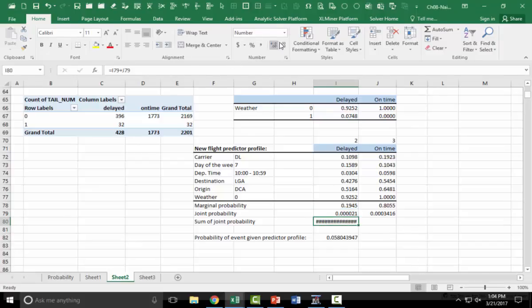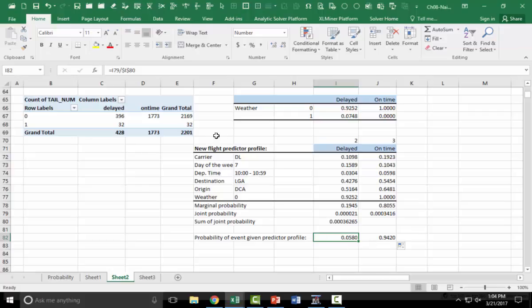Okay, so here let's see. So this is the propensity for delay. That is the propensity for on time, based on the naive Bayes classifier.